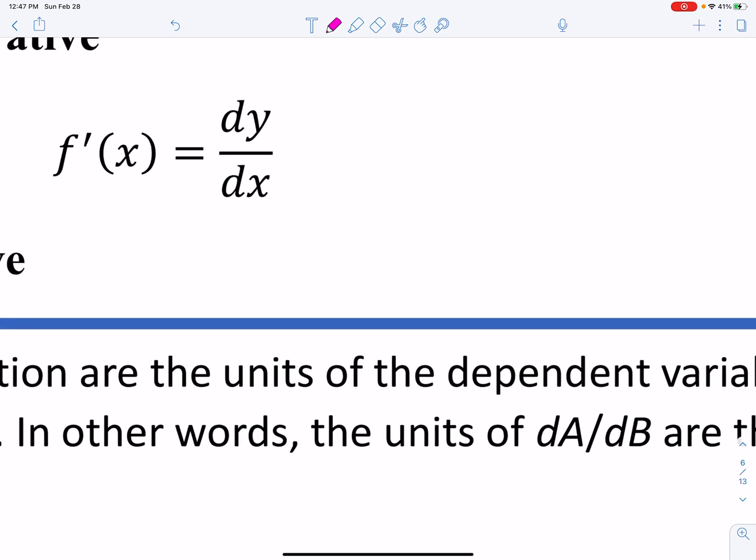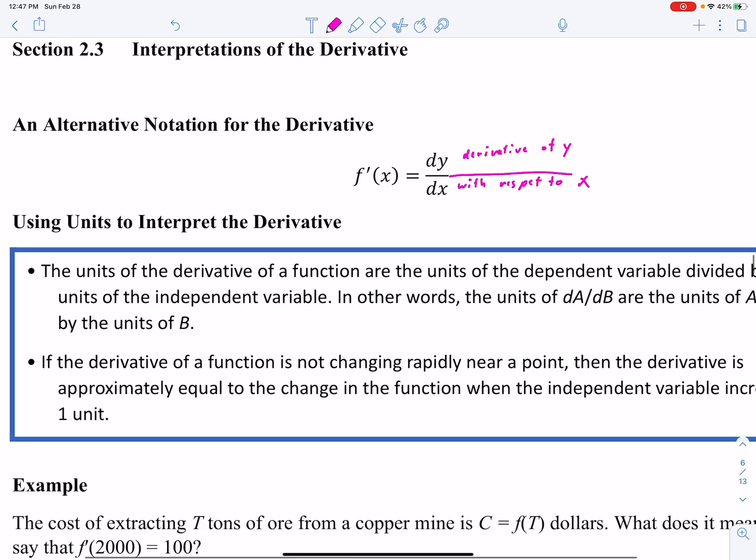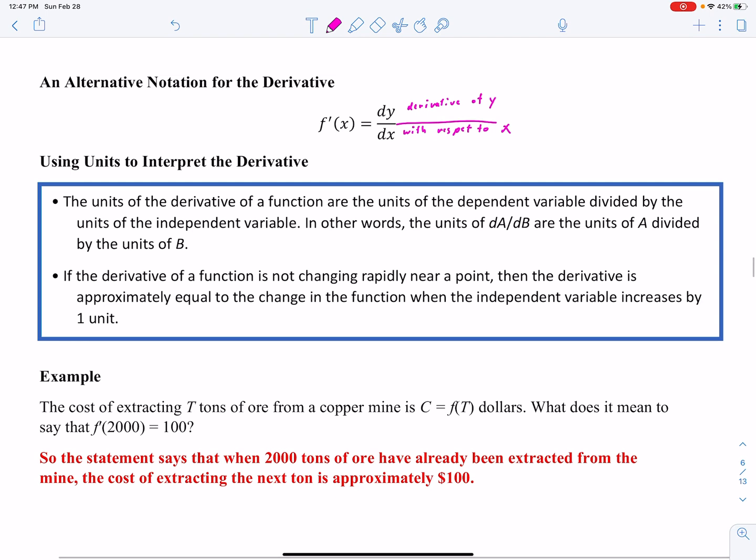The way you want to think about saying this is, this means the derivative of y with respect to x. That's how we say it, the derivative of y with respect to x, dy dx.